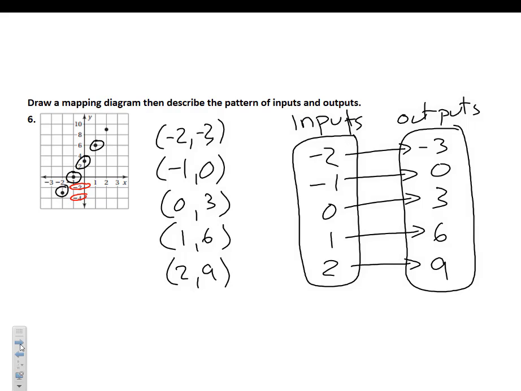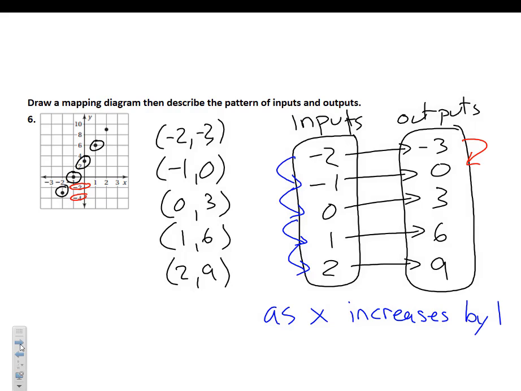And now let's describe the relationship between the inputs and the outputs. What is actually happening in this pattern? We go from -2 to -1 to 0 to 1 to 2. So x is increasing by 1. So as x increases by 1, let's see what's happening with y. Y goes from -3 to 0, from 0 to 3, from 3 to 6, and from 6 to 9. So that means it's increasing by 3.